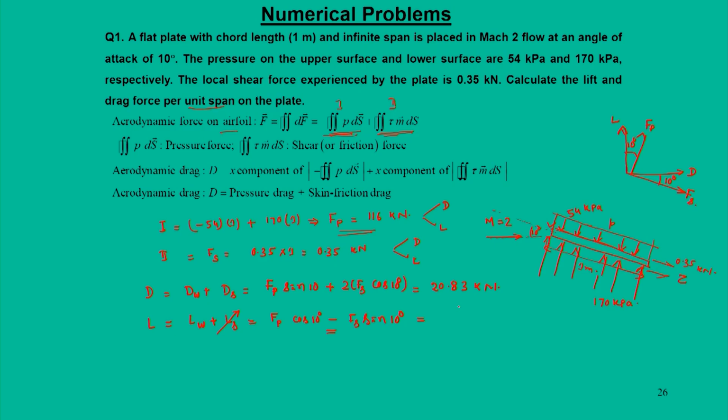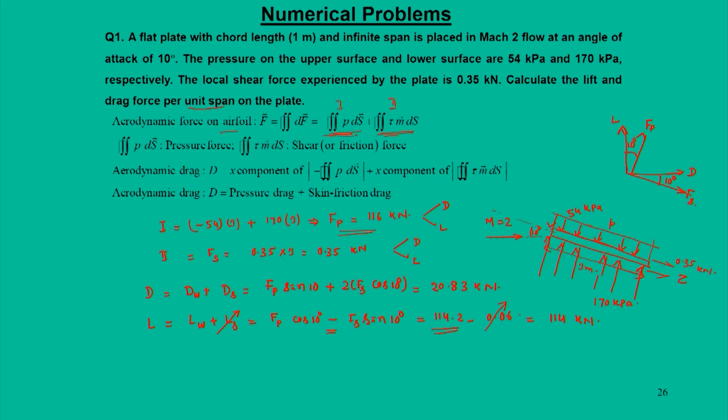So, this term is 114.2 plus 0.06. So, what we can see is that this term is very small as compared to this. So, this turns out to be 114 kilonewton.